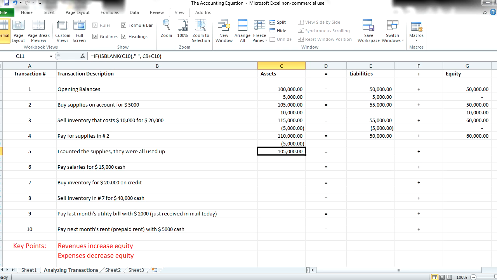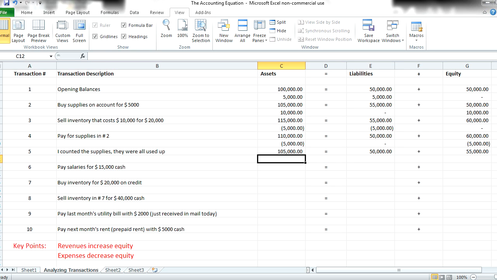Right, we no longer have the supplies. And we're going to record an expense. So expenses are going to reduce equity. So we're going to have a minus $5,000 here. There's no change in liabilities. So we can check our accounting equation. We have $55,000 plus $50,000 is equal to our $105,000.